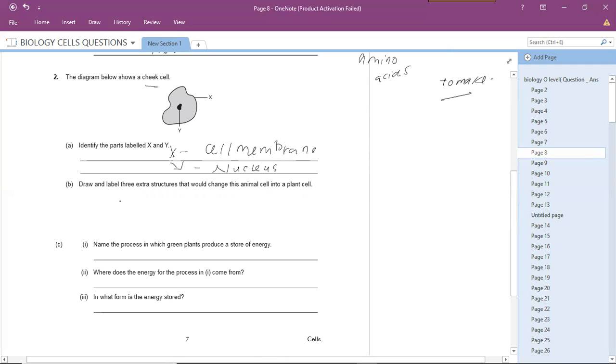Nucleus, we're doing good. And then draw and label 3 extra structures that would change this cell into a plant cell. So what are we going to draw? The first thing that we're going to draw is a cell wall.